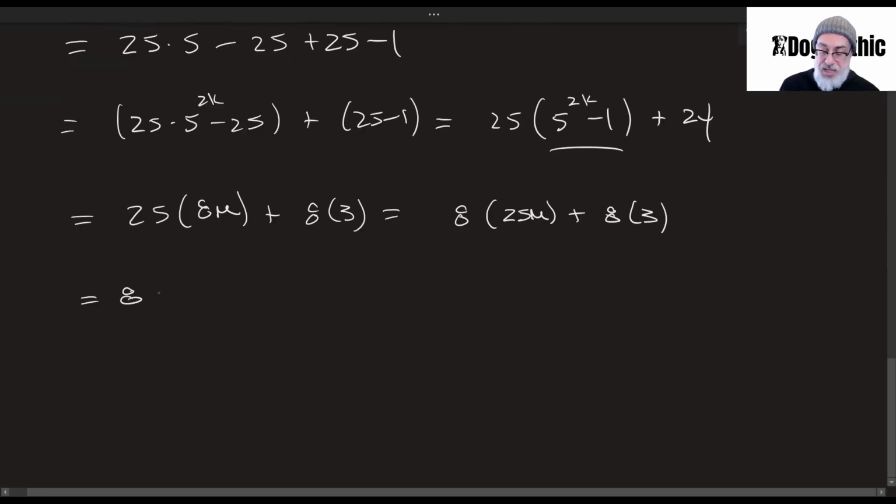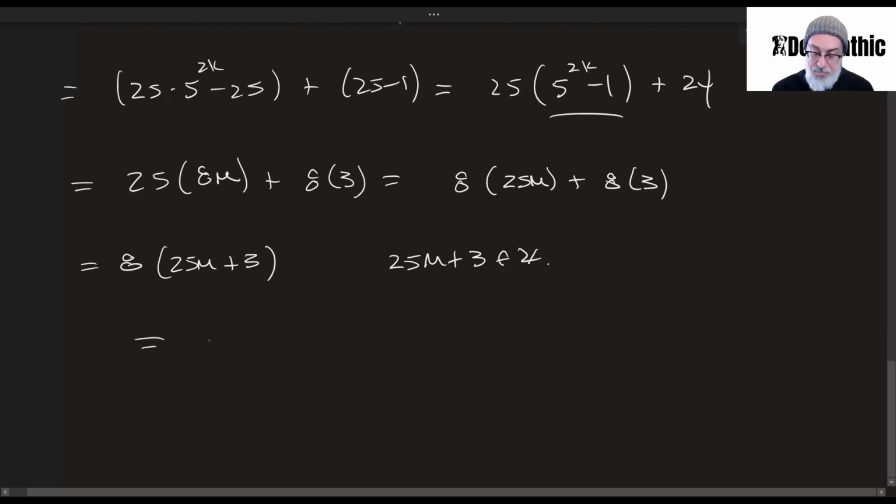I could factor out 8 here, and I get 25m plus 3. So we got 8 times 25m plus 3. And what is that? Well, 25m plus 3 is just an integer. 8 times any integer is a multiple of 8. So this is a multiple of 8.